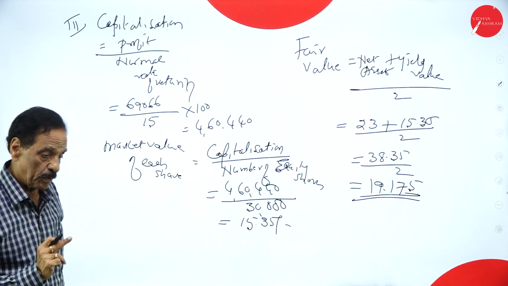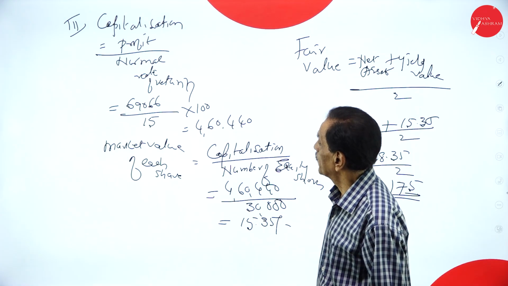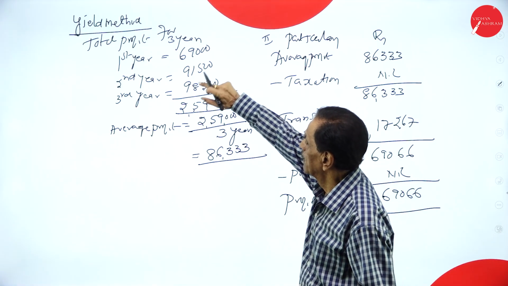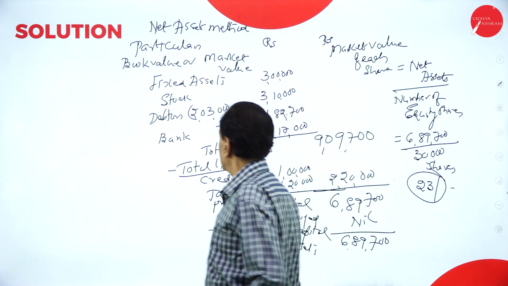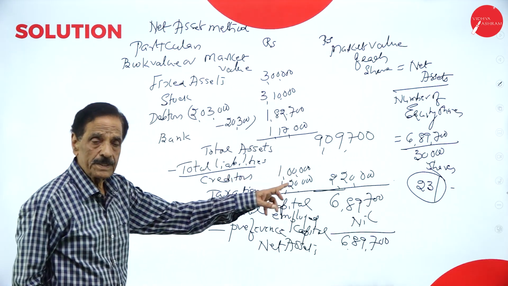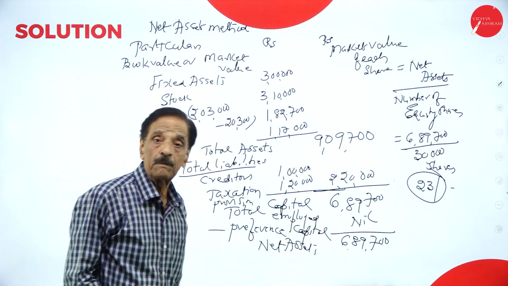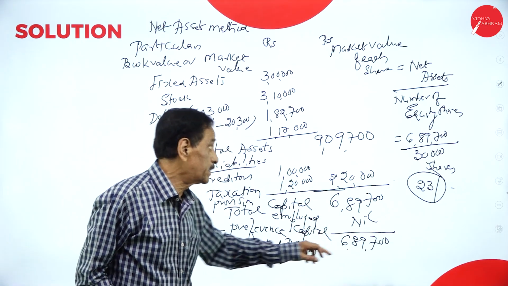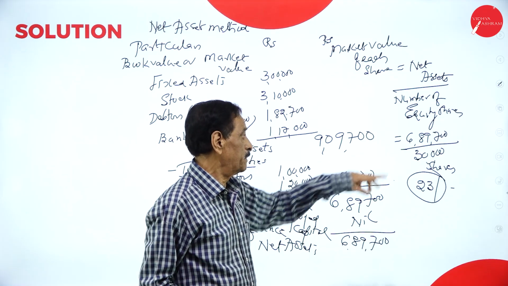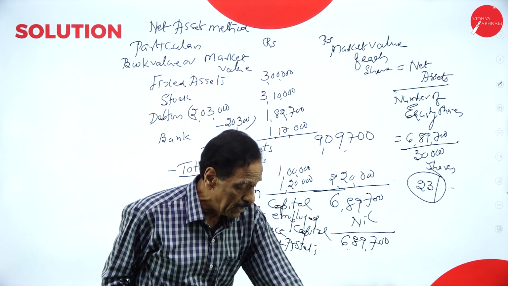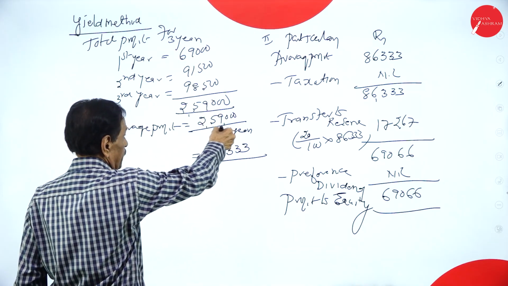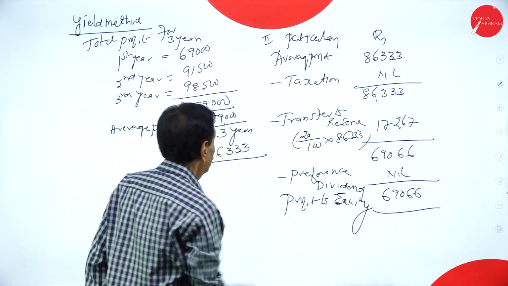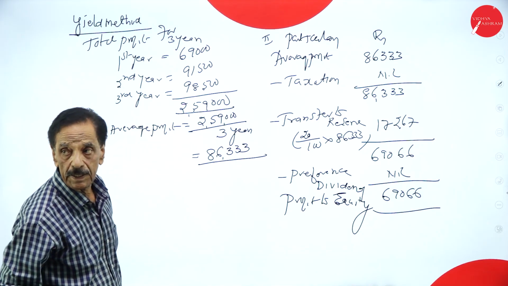Slowly I did the two problems. Hope you understand how we are getting there. First is book value or the market value: total assets minus total liabilities, capital employed, preference share capital is nil. Net asset divided by number of equity shares works out to 23 rupees. Then calculate the average profit: add the 3 years' profit, divided by 3, 86,333.